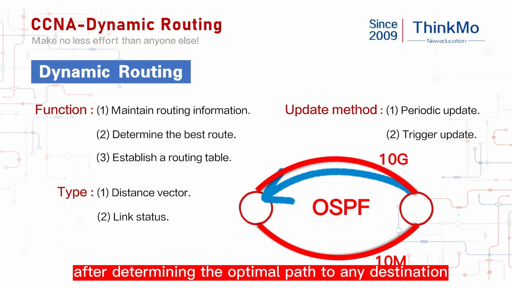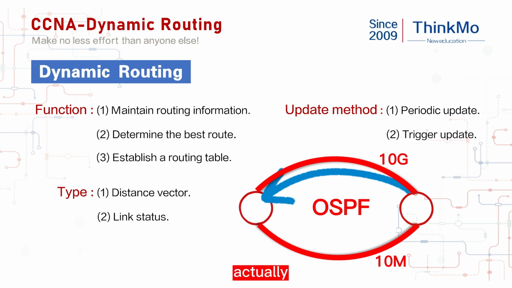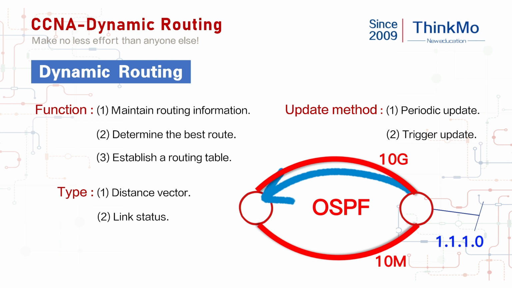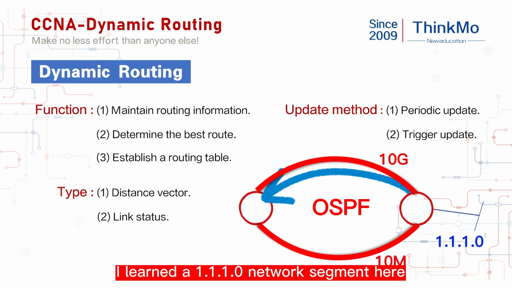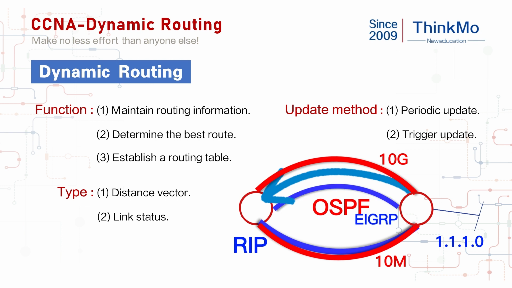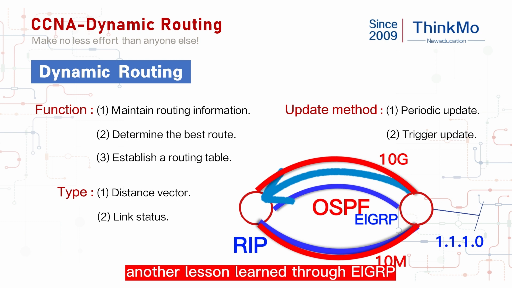After determining the optimal path to any destination, the best route is calculated, and then the routing table will be built based on this information. For the same destination network, for example, I learned a 1.1.1.0 network segment through OSPF running between the 2 devices, another through RIP, and another through EIGRP.